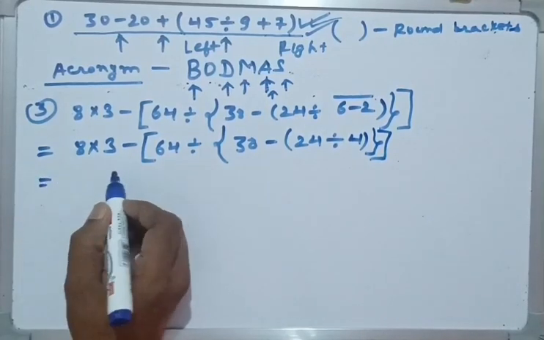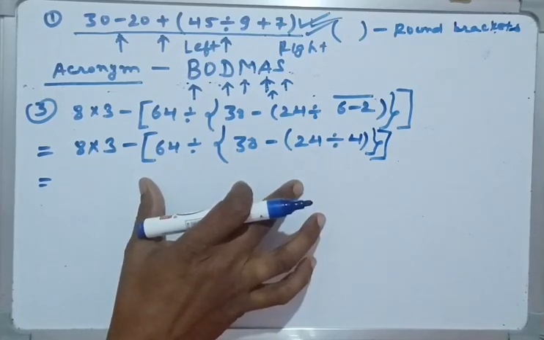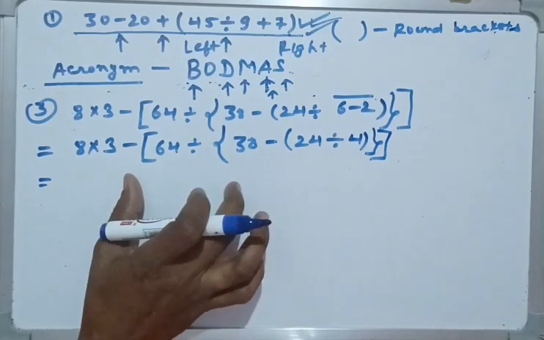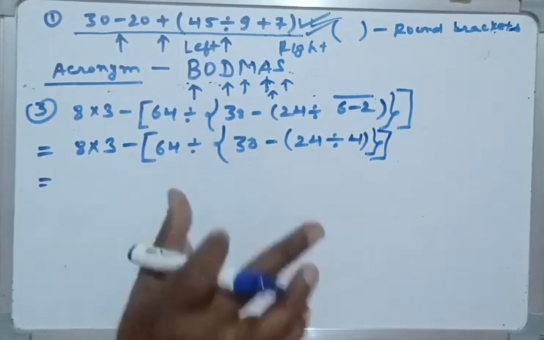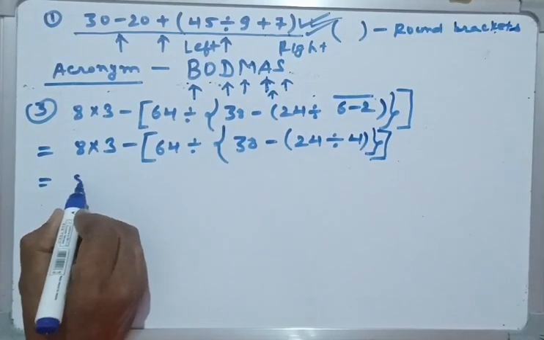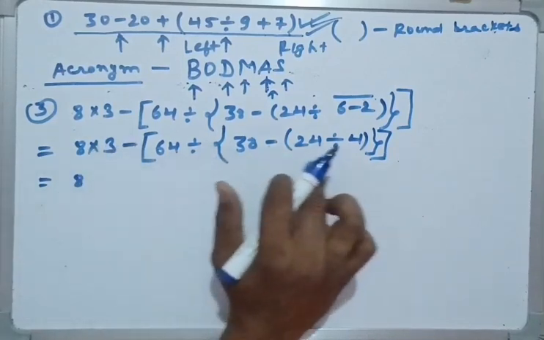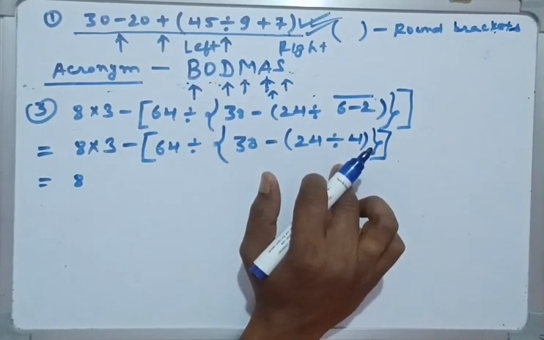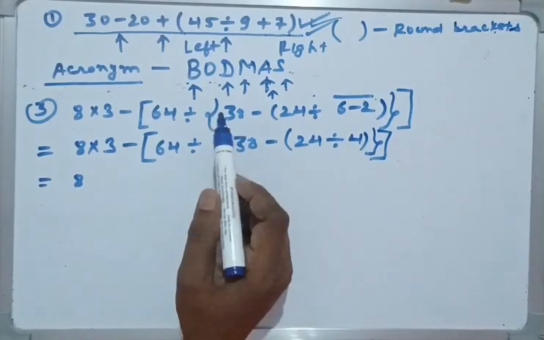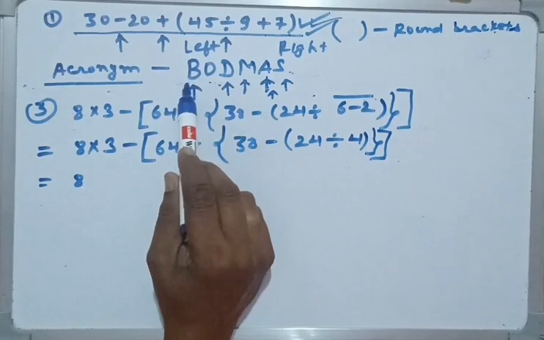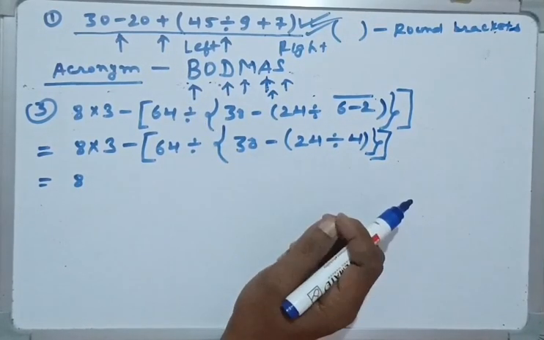So you guys also remember, when you write any mathematical problem or expression, the brackets must come in pairs. Now see next, in this mathematical expression, which operation will I do? Again, in BODMAS, B stands for bracket, and in the brackets, which one do we solve first?